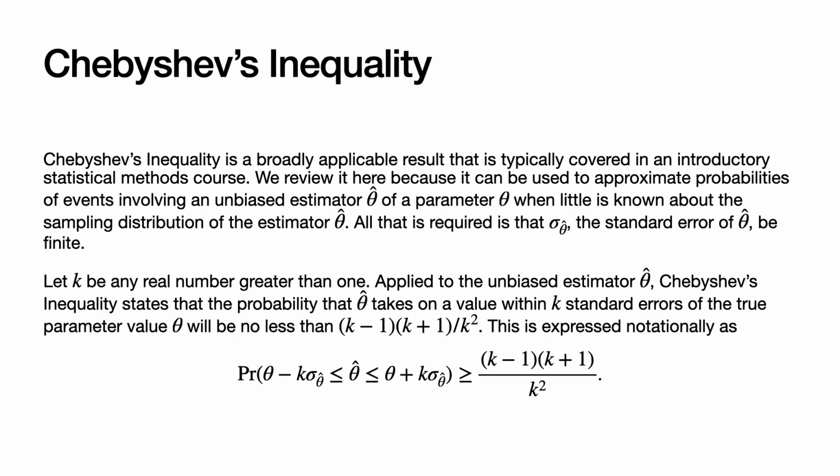This is expressed notationally in the following way. The probability that theta hat is greater than or equal to theta minus k times the standard error of theta hat, and that it's less than or equal to theta plus k times the standard error of theta hat, that probability is greater than or equal to k minus 1 times k plus 1 over k squared.